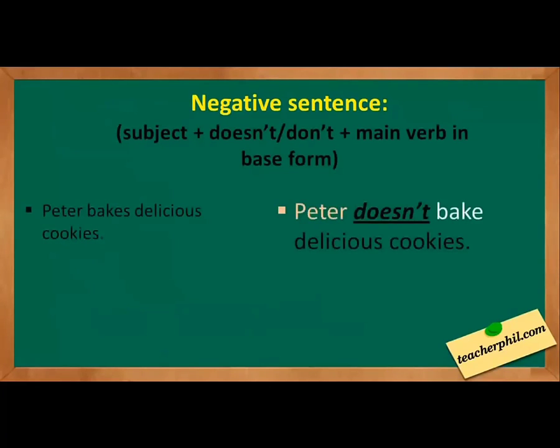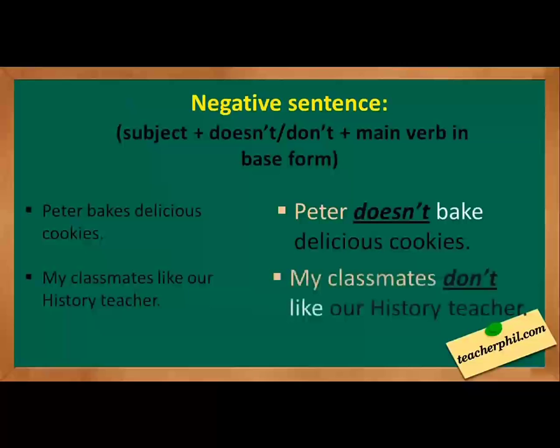Peter doesn't bake delicious cookies. My classmates like our history teacher. My classmates don't like our history teacher. If you notice, the main verbs in these sentences are all changed into their base form: bake and like.